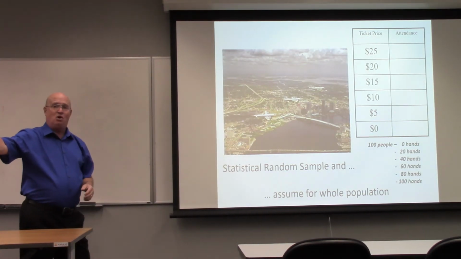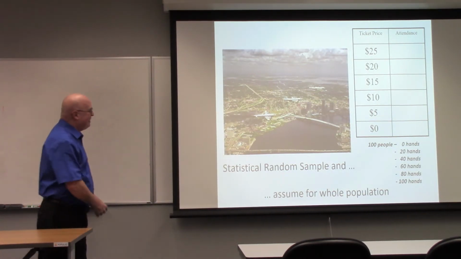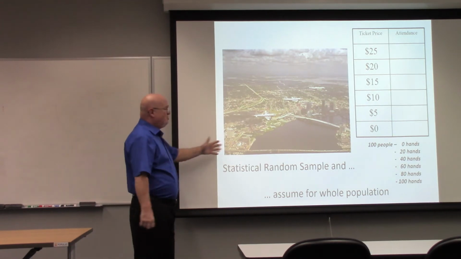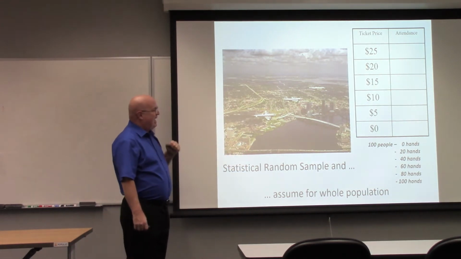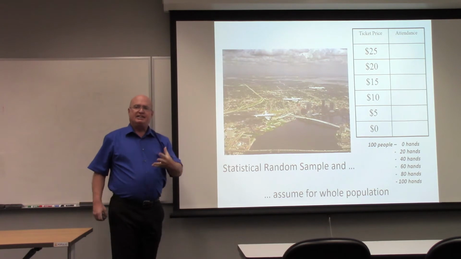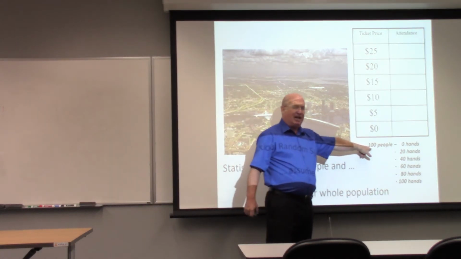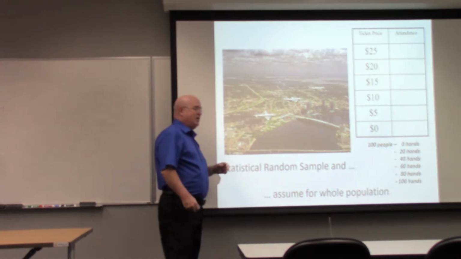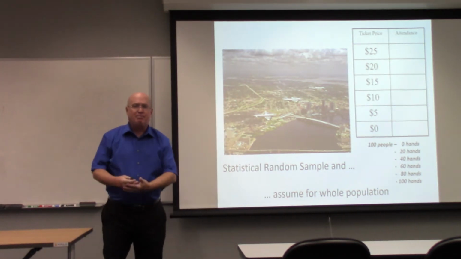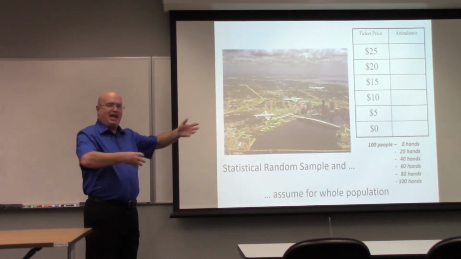You want to know more? Take a stats class. Okay, so here's what would happen. Let's say our statistical sample is going to be of 100 people. That's our random sample. So we get these 100 people, we put them in a room, and we say, hey, the Orlando Magic's coming to town.